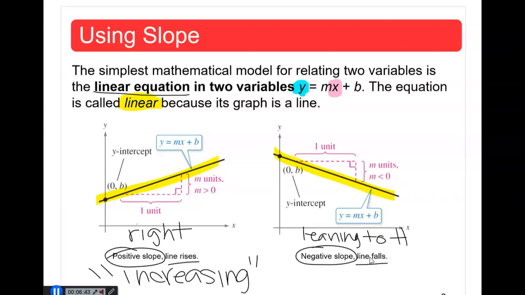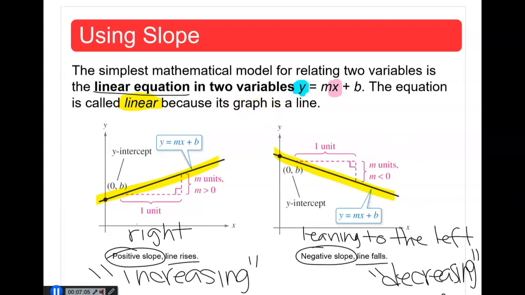But remember, a better way to say that will be that it is decreasing. And we're going to start using these words to describe graphs, increasing and decreasing.